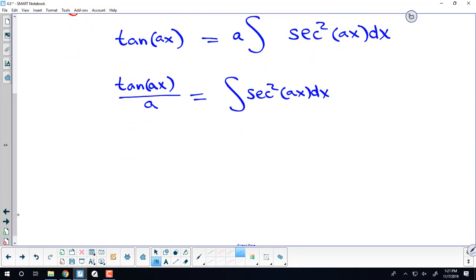In this instance, can we then root both sides to isolate secant, just secant by itself? No, because if we took the square root of both sides, we would have to take it as it is. Because it's not a constant, we can't pull it out.